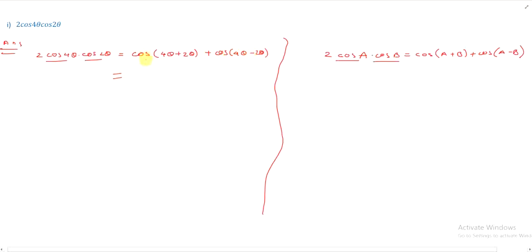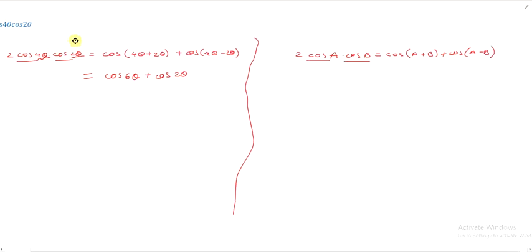It is equal to cos 6 theta plus cos 2 theta. Now here, in place of theta you may have actual real values also, like 45, 35, 75, whatever the values given there, and you can attempt the examples.